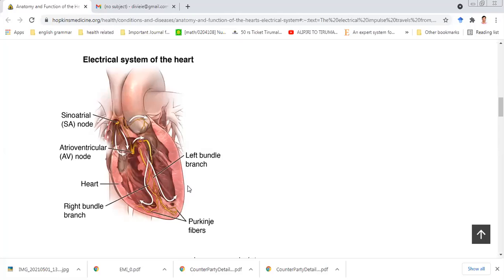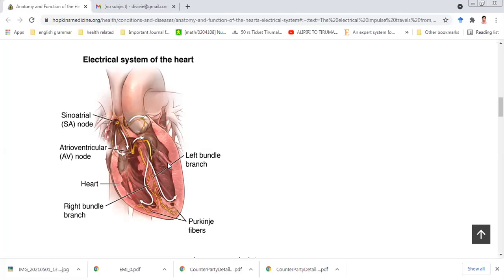Like this, graph indicates the machine or instrument, and gram indicates its output, the recorded output. So the waveform is the cardiogram. Please remember this difference.